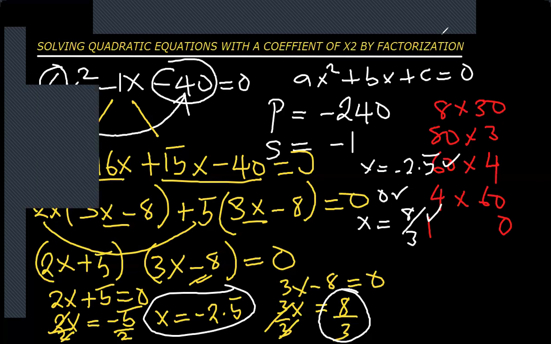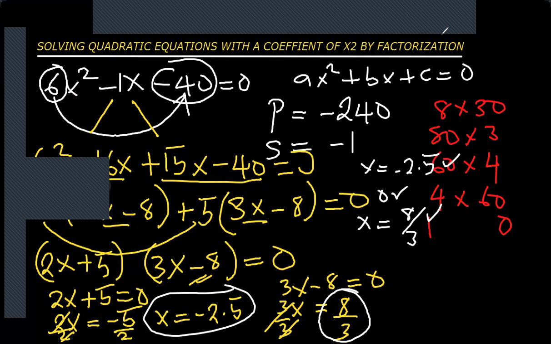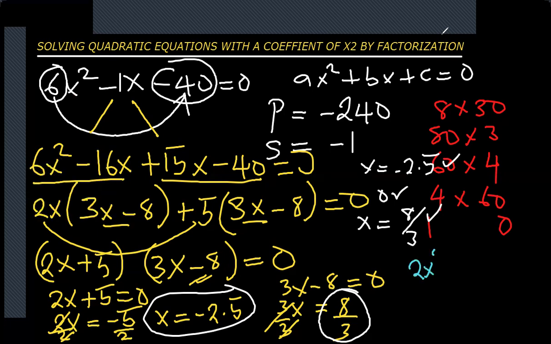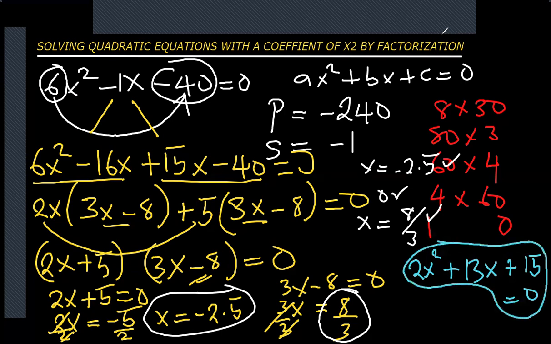So you have 2x squared, let me use a different color for more clarity, 2x squared plus 13x plus 15, of course, is equal to 0. So solve this one for me, my dear viewers and students, and in the comment section, you can tell me if you got the right answer.